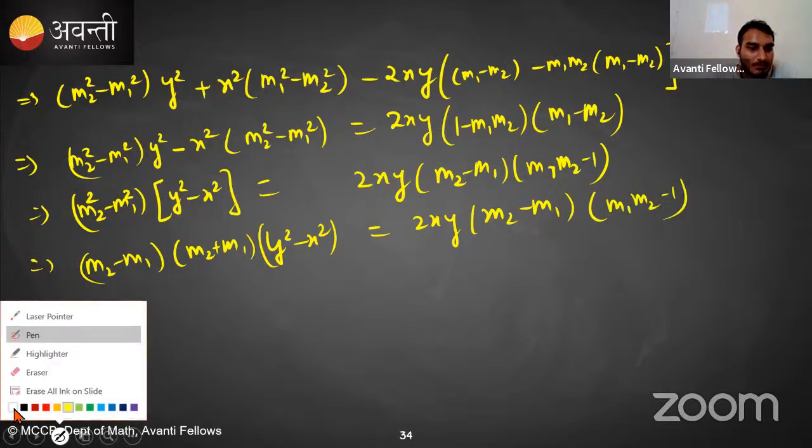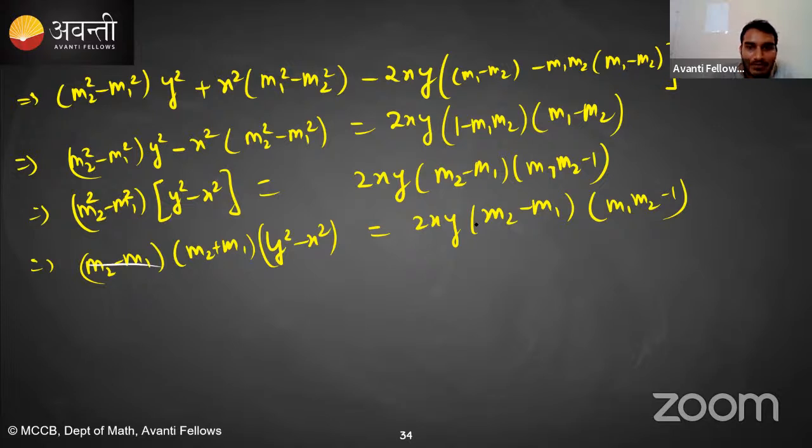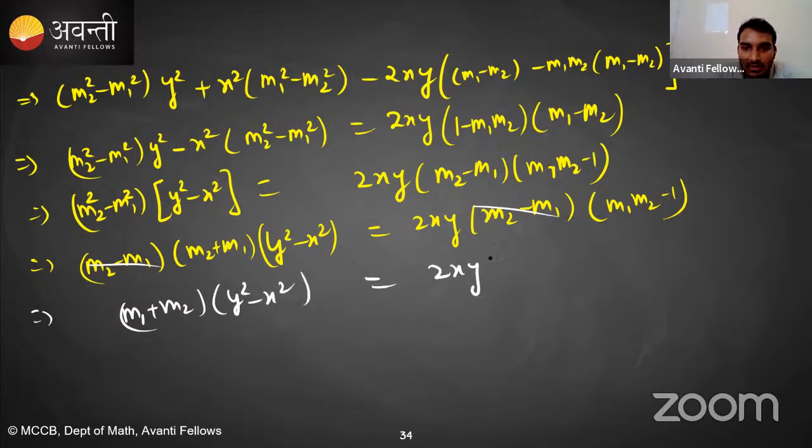So far clear? So look, (m2 minus m1) is common and cancels, what is left now? Simply (m1 plus m2) into (y square minus x square) is equal to 2xy (m1 m2 minus 1).